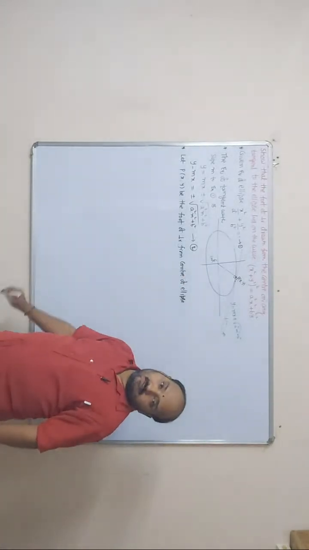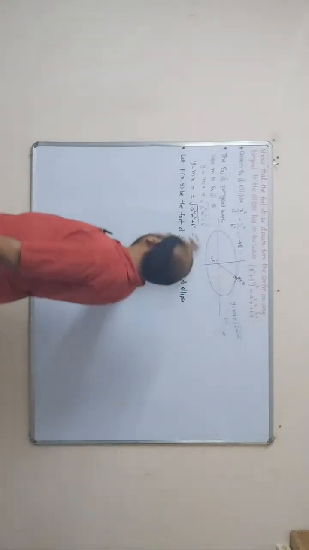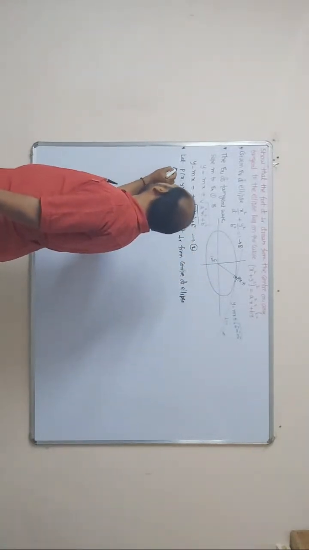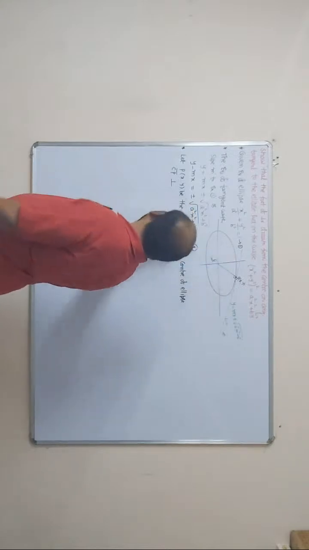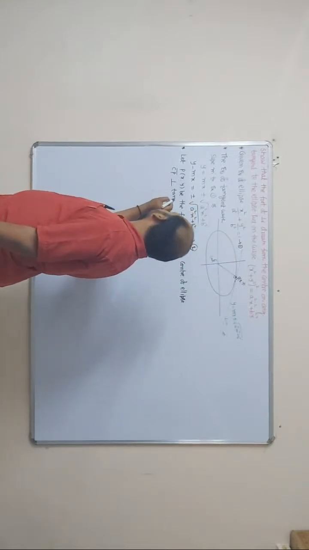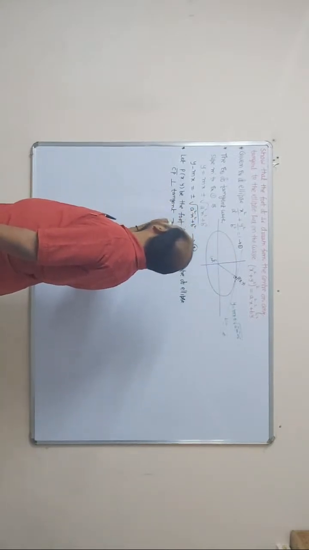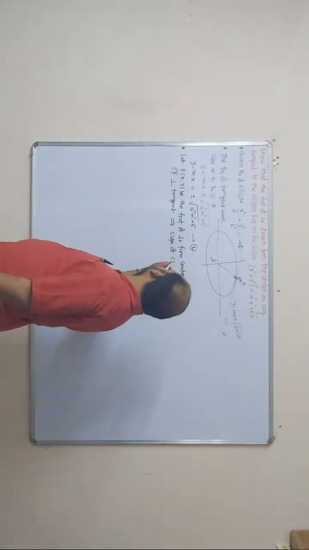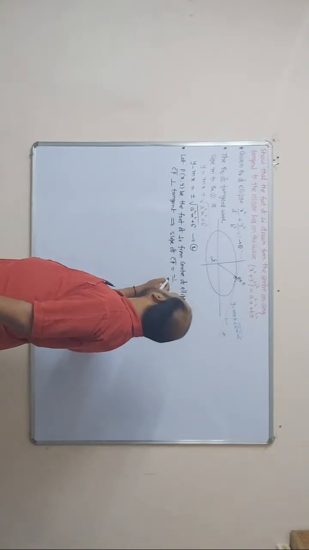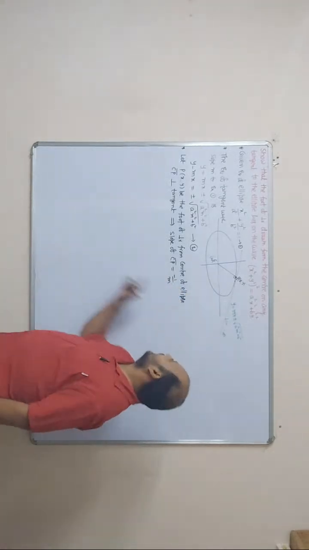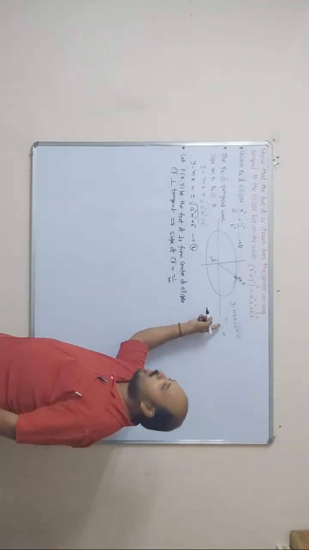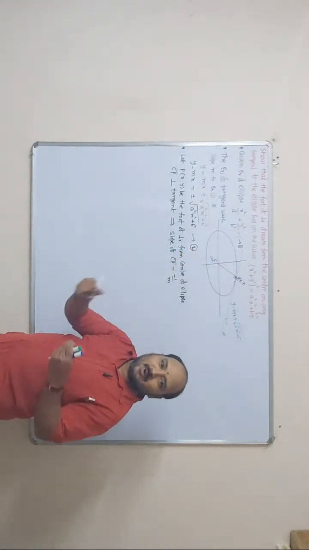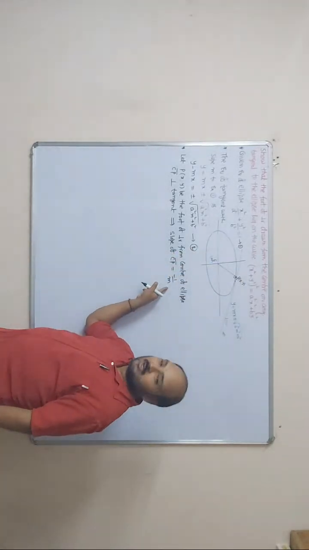So from the figure we observe that CP is perpendicular to the tangent. That implies slope of CP is equal to minus 1 by m. This tangent slope is m, so obviously the perpendicular slope is minus 1 by m only, no? So that's what I wrote.